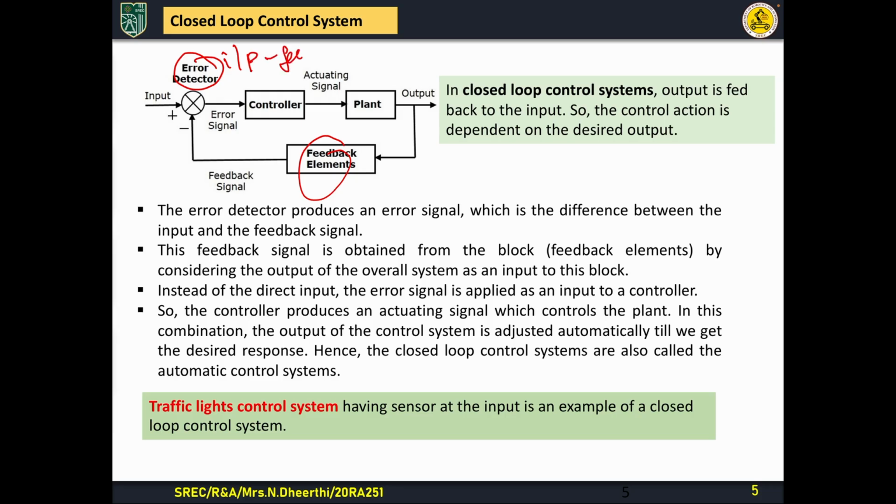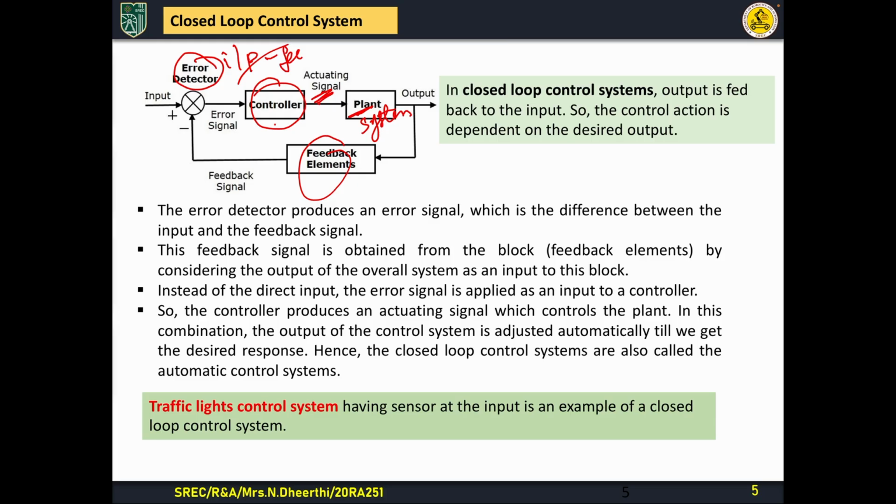That error signal is given to the controller, and the controller produces an actuating signal. The plant, which is nothing but a system, gives an output. So here the controlling action depends on the feedback from the output, right?